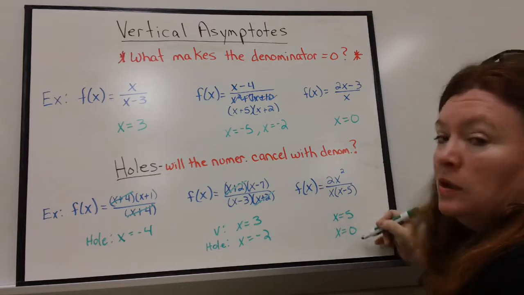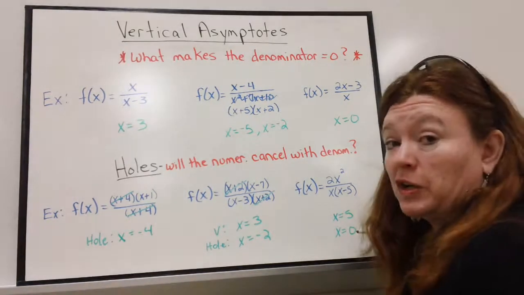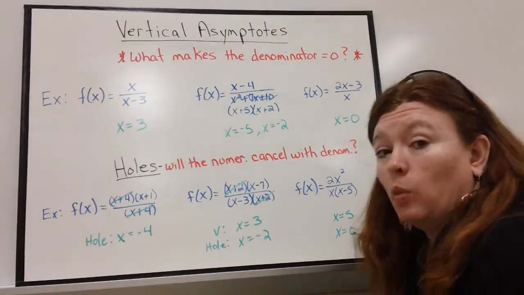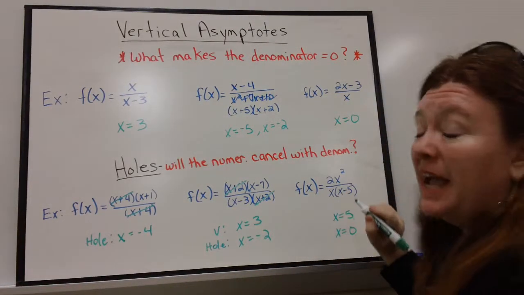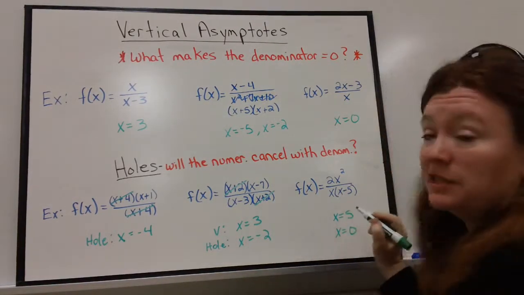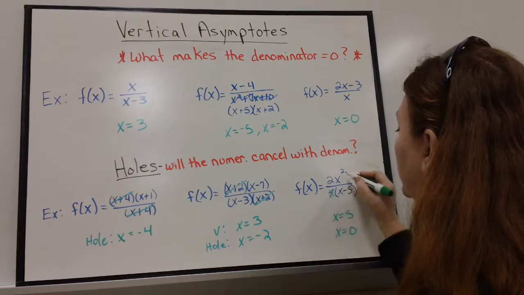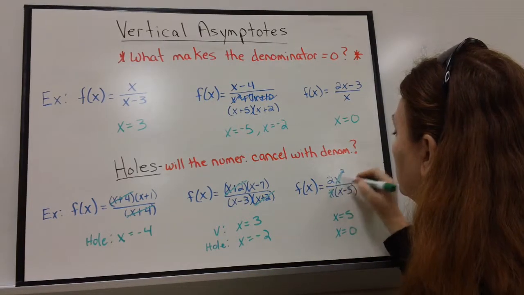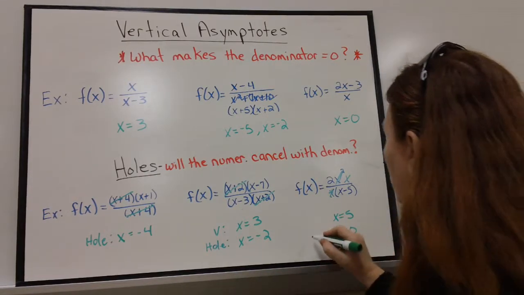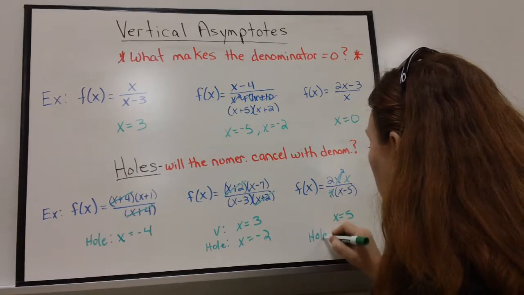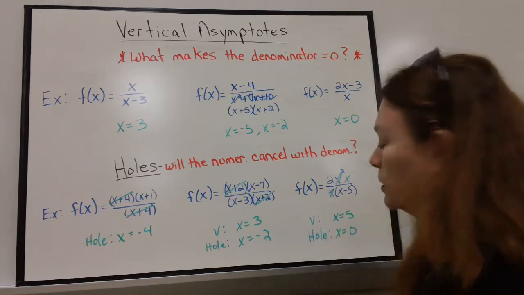These two would normally be considered vertical asymptotes unless one of them can cancel with the numerator. And actually, the x can cancel. The x minus 5 cannot, but the x could cancel with one of these x's. And so that would make this one a hole in the graph, and this one a vertical asymptote.